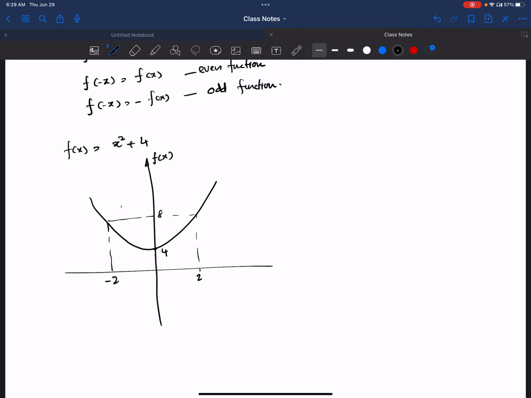So that's an even function. If I substitute negative x instead of x, I get negative x squared plus 4, and negative x squared is again x squared plus 4. So f of negative x is equal to f of x. So it's an even function.